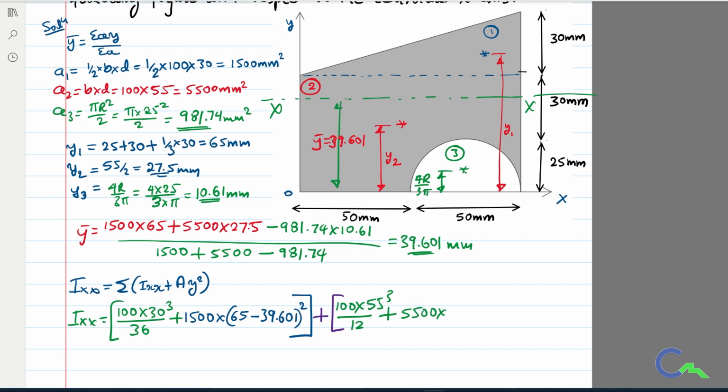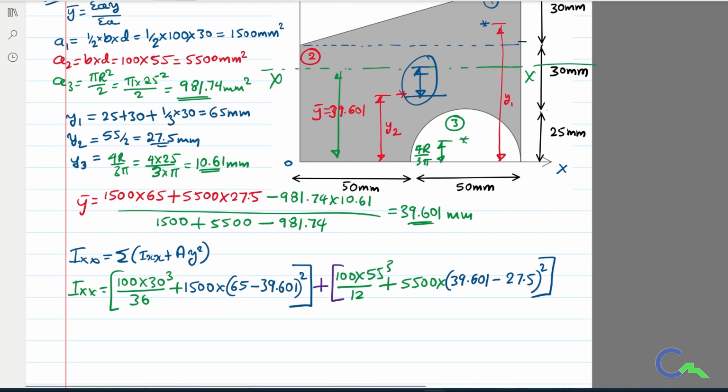Now the distance is the distance from the centroid of the rectangle to the x reference axis. To find that, it is y bar minus y2 whole square. y bar we got 39.601, and y2 we know is 27.5, whole square.